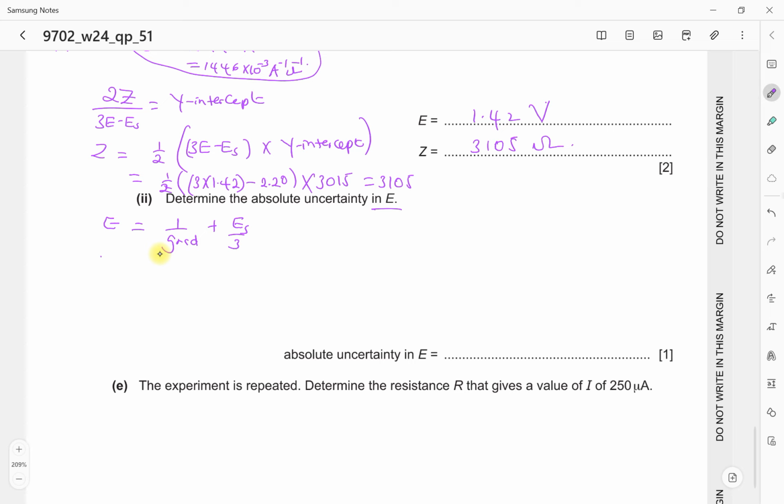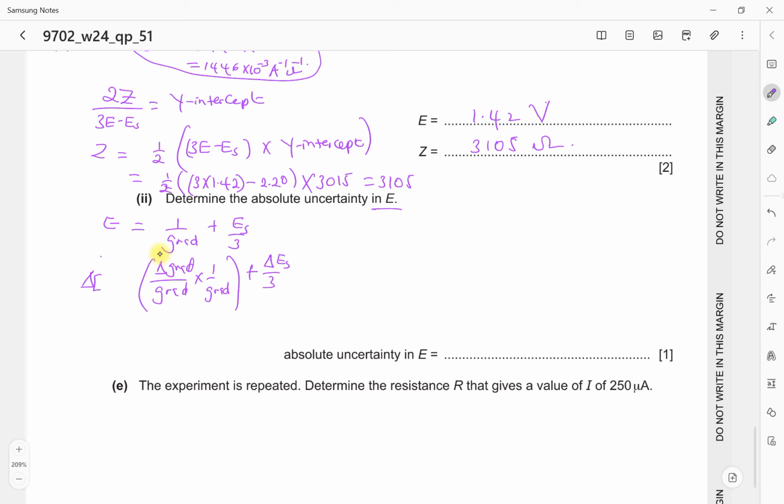So first get the absolute uncertainty in 1 over the gradient, which is the absolute in the gradient divided by the gradient times 1 over the gradient. This one alone is the absolute uncertainty in 1 over the gradient, then plus, because this is ES over 3, the absolute in ES divided by 3.